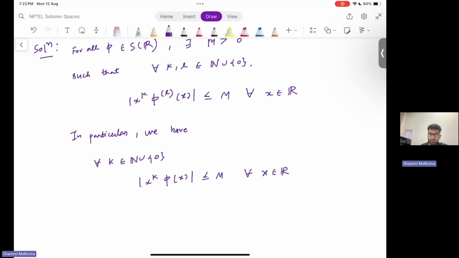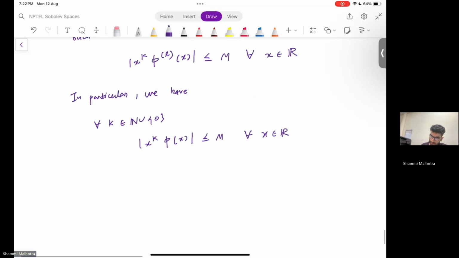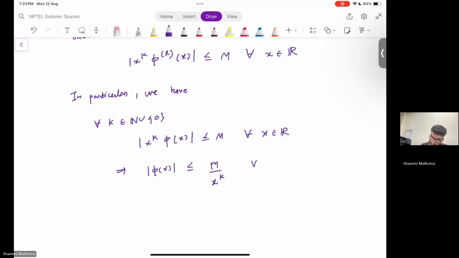And this implies that the modulus of phi(x) is less than or equal to M times x raised to the power of minus k for all x in R.